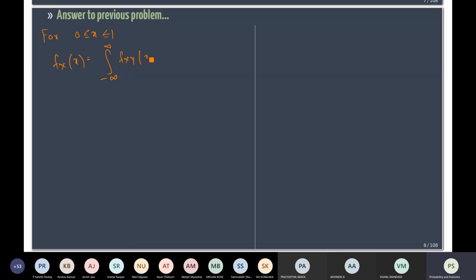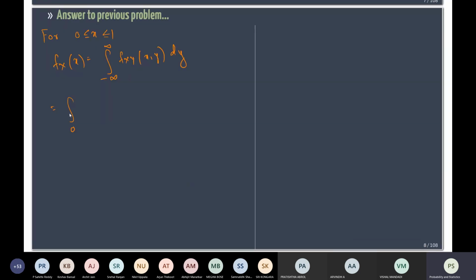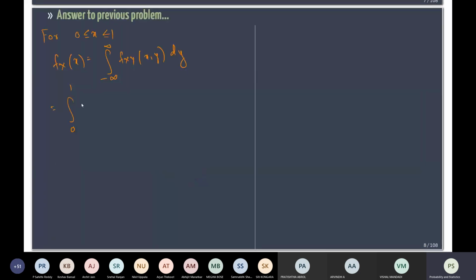So this is f_XY(x, y) dy. The y range is 0 to 1, and inside we have x plus 3 by 2 y square, dy.